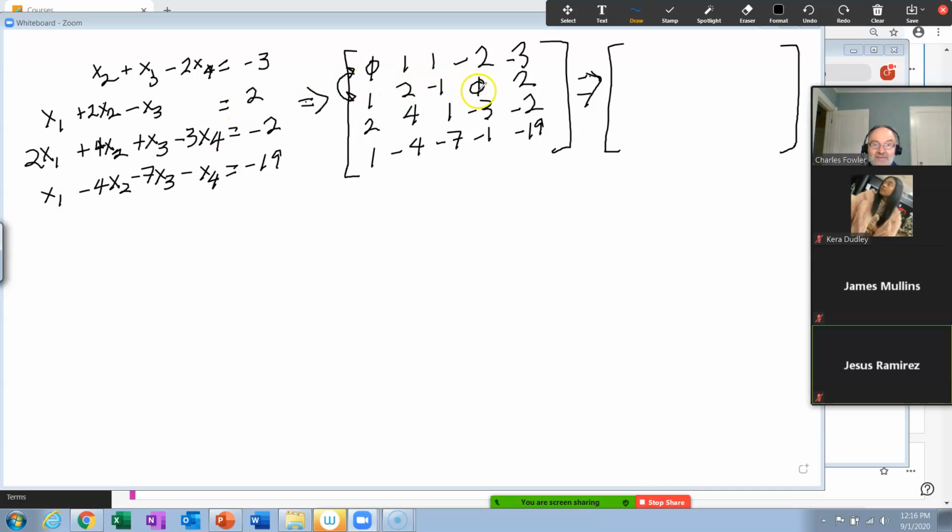This is a lot of writing of the same numbers over and over and over. Okay, so that will now become 1, 2, minus 1, 0, 2, then a 0, 1, 1, minus 2, minus 3, that's ugly, 2, 4, 1, minus 3, minus 2.